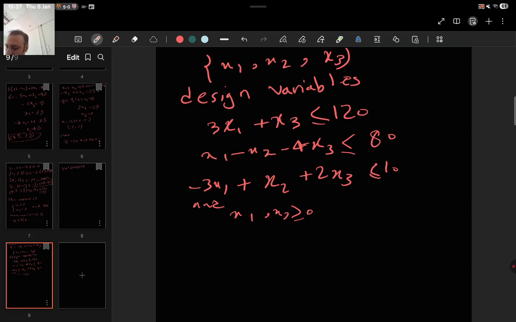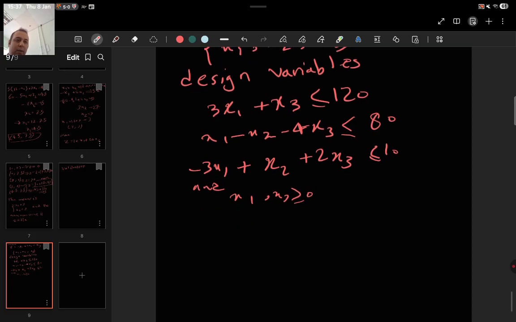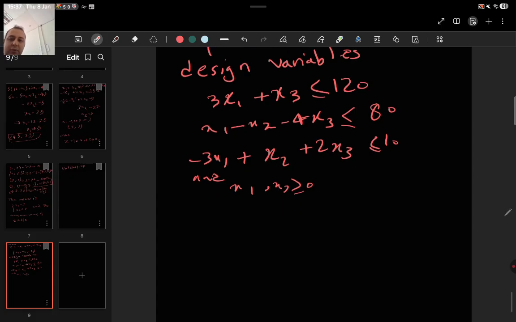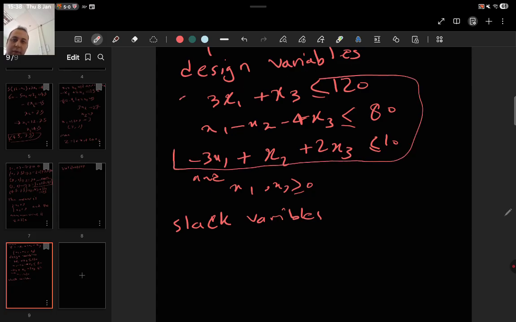Okay, first of all, we have to change inequality to equality. So we have to add a slack variable. We have three limitation equations. For each we have to add one slack variable, which is S1, S2 and S3.